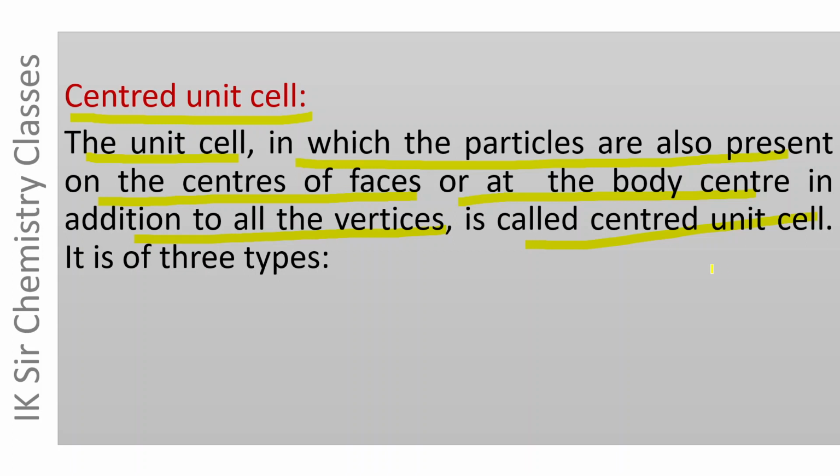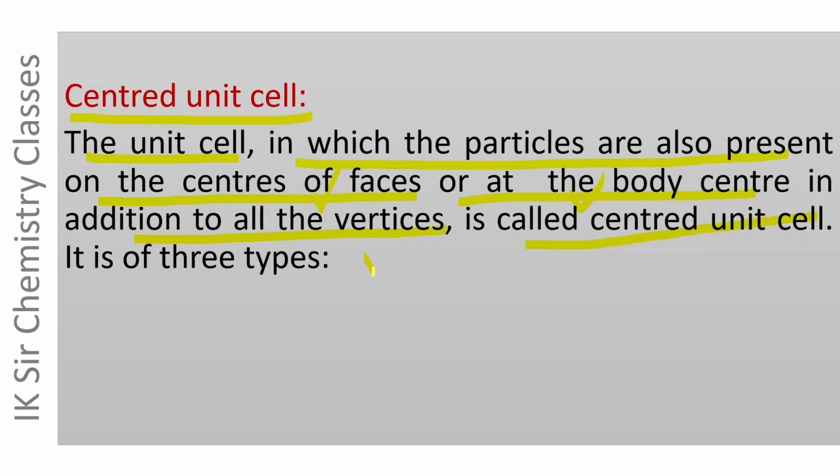Let us repeat it again. The unit cell in which all the vertices are occupied by particles, and at the same time some particles are also present at centers of faces or at the body center, and this type of unit cell is called centered unit cell.